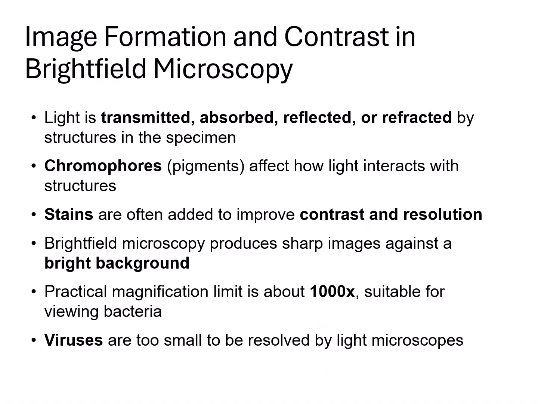We can view specimens under the bright field microscope because light is transmitted, absorbed, reflected, or refracted by structures within the specimen. Later on, we're going to use stains, and stains contain chromophores or pigments that affect how light interacts with the different structures within the cell. We use them to improve contrast and resolution of our image.